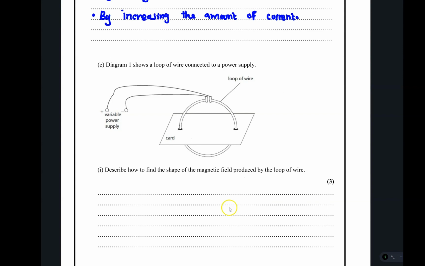The easiest way to describe the magnetic field formed around this piece of wire or loop of wire is by using iron filings. We are going to sprinkle iron filings on the cardboard. Now, once we have sprinkled these iron filings, we are going to tap the cardboard.